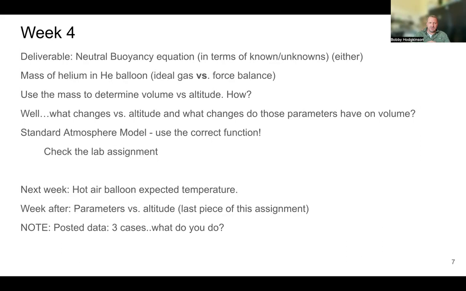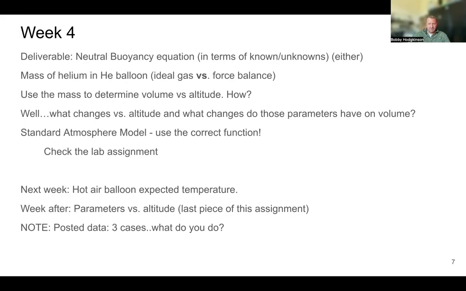So that's what we're going to look for. This is the deliverable next week. And the week after that, how do these parameters change versus altitude? And really, that's the last piece of the assignment. So hopefully, today you can start working on the next 2 deliverables almost in tandem, start writing some MATLAB code, and then start finalizing the lab assignment.